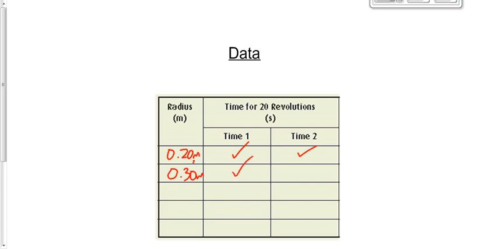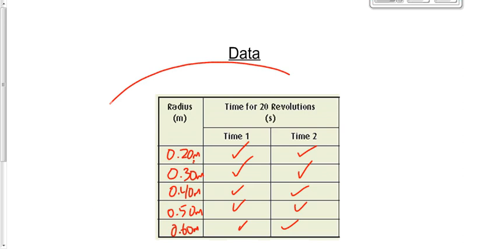Record the time for 20 revolutions, record the time for 20 revolutions again, and then move the radius to 0.4 meters, to 0.5 meters, to 0.6 meters. Change the value of the radius from 0.2 meters all the way to 0.6 meters in 10 centimeter intervals. Record the time for 20 revolutions in each case.